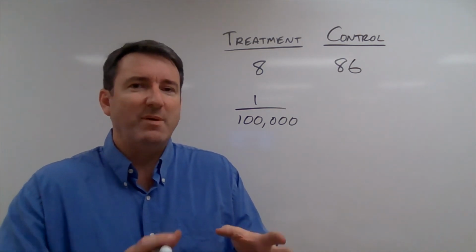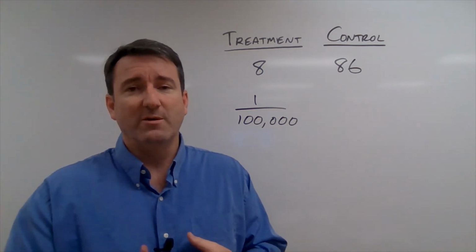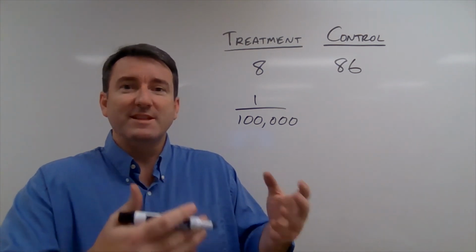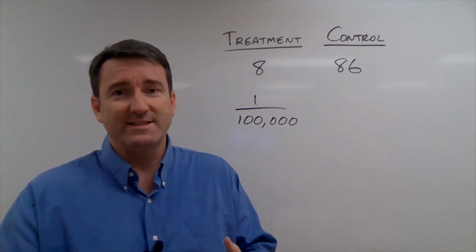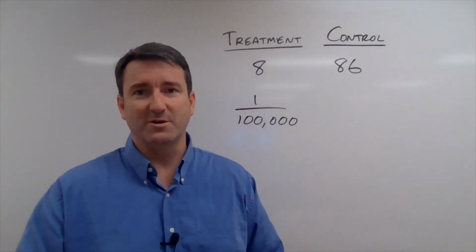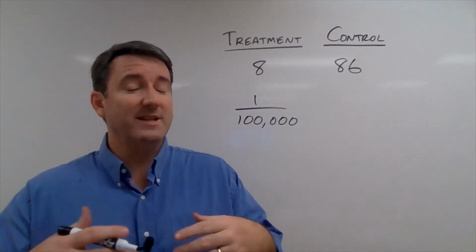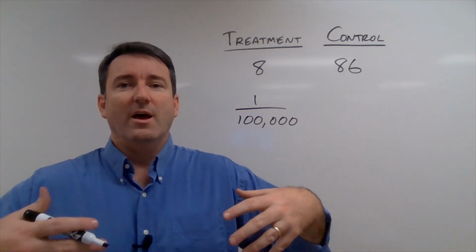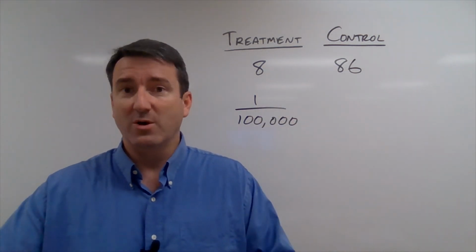So what we mean by significant at the 0.05 level is that there's less than a 5% probability that the results that we observed happened by chance, by coincidence.